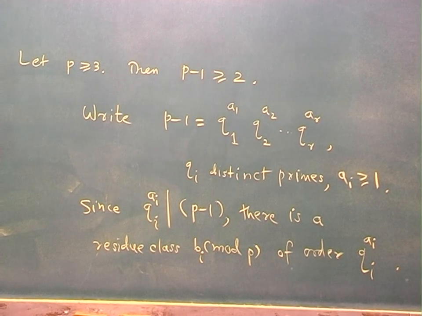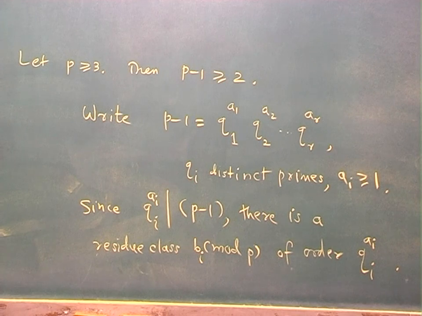Now, Q1 raised to A1 and Q2 raised to A2 are coprime. Therefore, if I take B1 of order Q1 raised to A1, and B2 of order Q2 raised to A2, then their product B1 B2 will be of order Q1 raised to A1 times Q2 raised to A2.